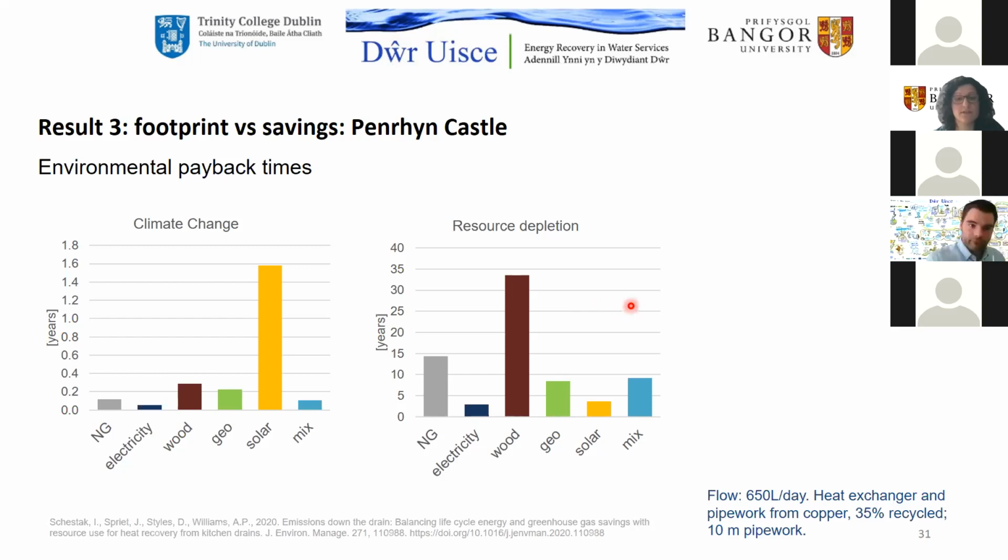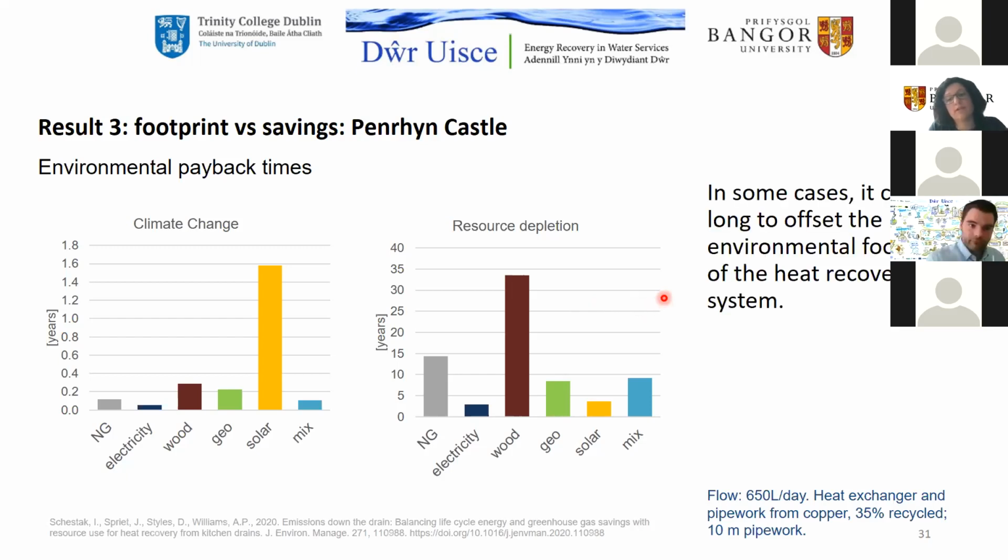So this shows us that for overall sustainability, it's also important not to look only at climate change, but also at other impact categories. We can see here that in some cases, it can take quite long to offset the environmental footprint which I created in the first place through the production of the heat recovery system.